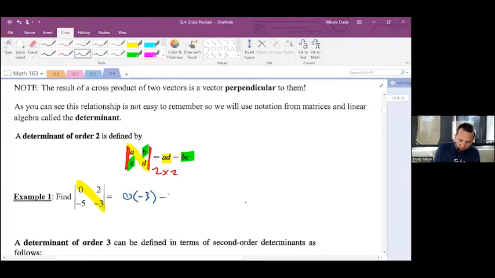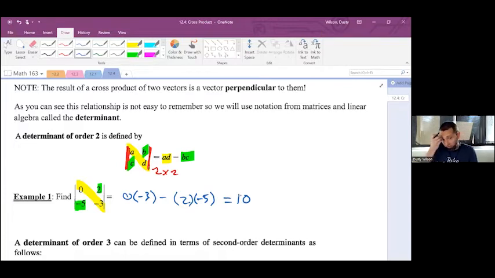And then we subtract the product of the other diagonal, which would be BC, so 2 times -5, and the product is 10. In linear algebra, we'll talk a little bit about what this 10 represents. For the time being, I'll just give you a sneak preview. This 10 would represent a scaling factor of a linear transformation.